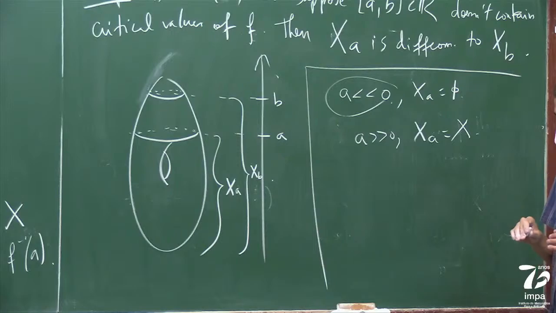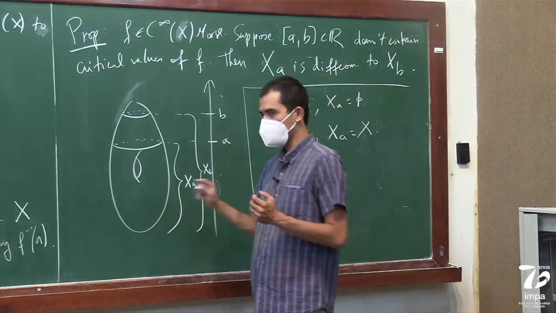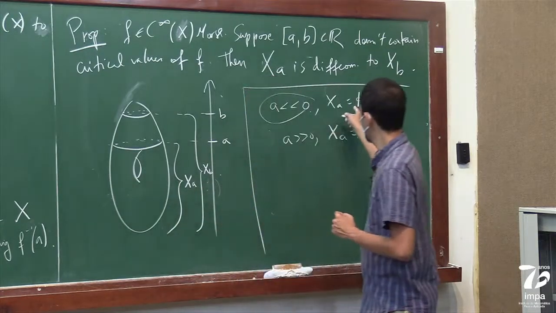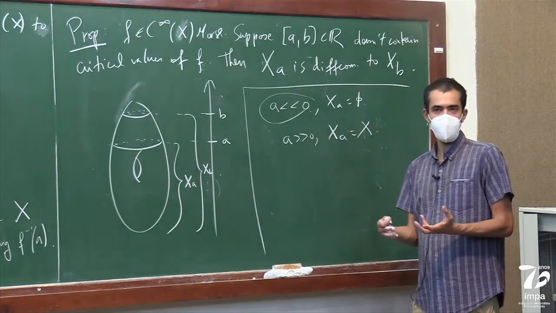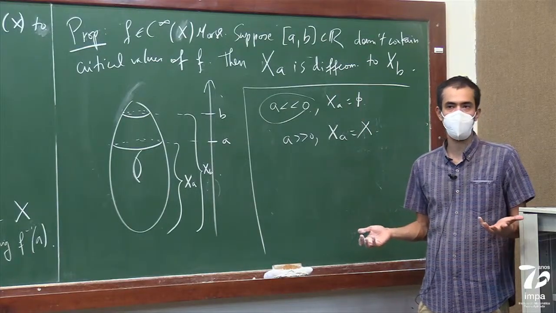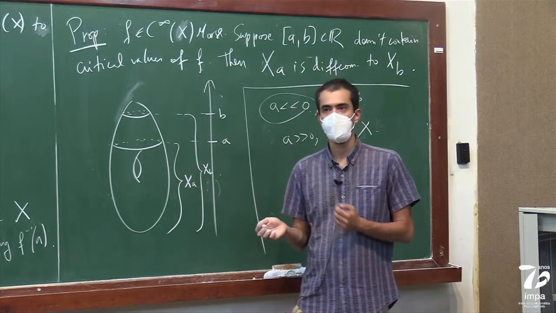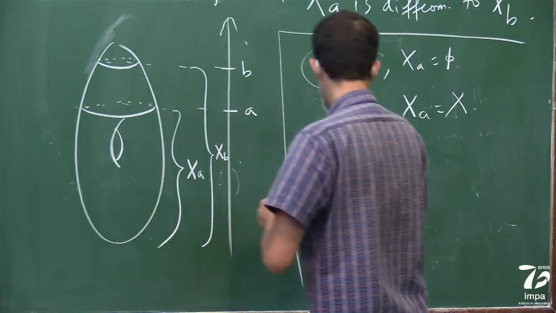And what happens is there are changes to the topology of the manifold as you go through the critical values. So as A goes through a critical value, then we don't have this proposition anymore. There will be a change to the topology of the manifold. But most of the time, there won't be. Like over here, let me draw the picture again.